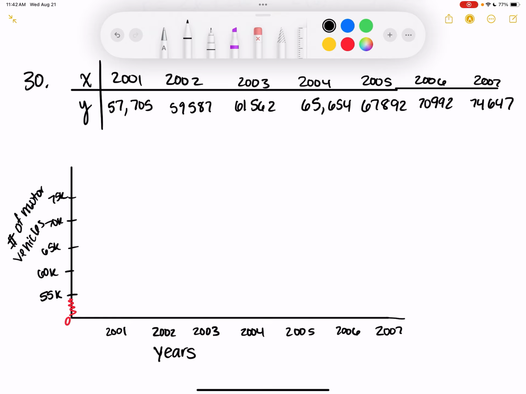Then we're going to roughly plot each point, because it is a scatter plot, so we're just doing it as best as possible.